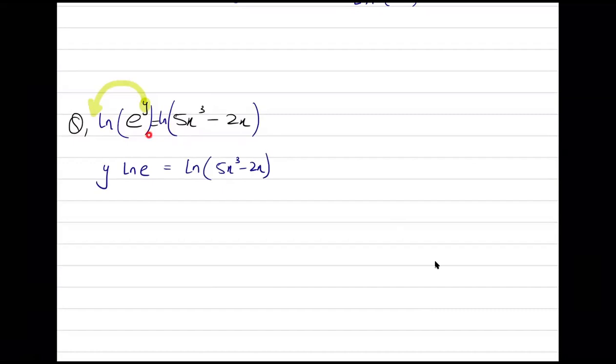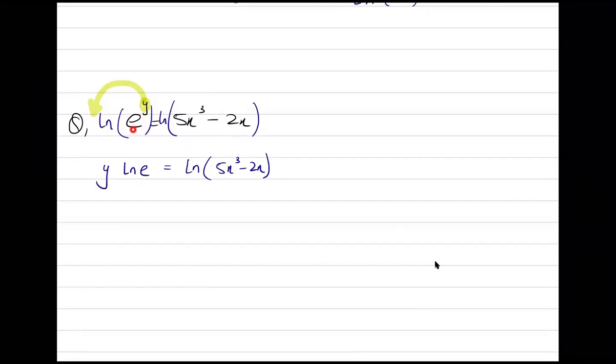Sure. So the question was e to the power of y equals 5x cubed minus 2x. And I want to differentiate this. I would like to make y the subject first, and that is only possible when I convert this exponential equation into the logarithmic equation. And how did I know that I don't have to take lg and instead I have to take ln?